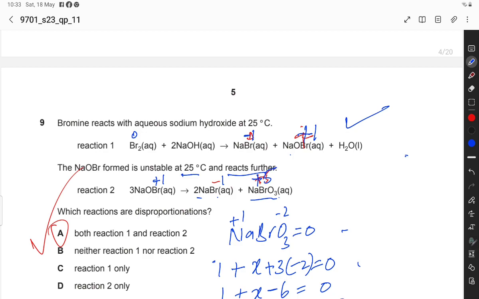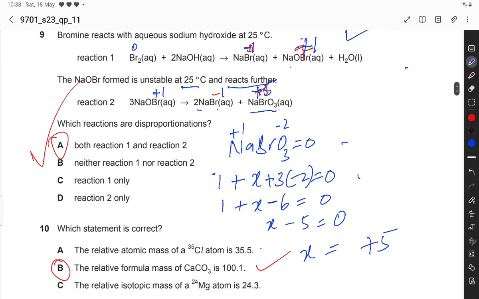This is plus 5. So plus 1 is, so this species is both reduced and oxidized as well. So both reaction 1 and reaction 2 are disproportionation reactions. This is also correct.